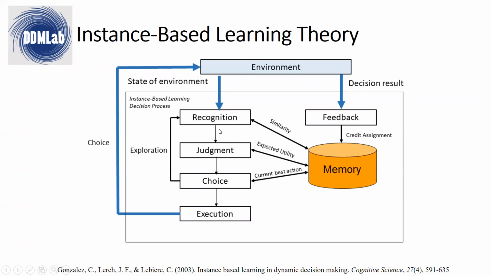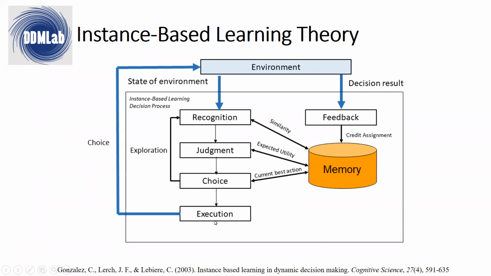Now, this process is sequential, meaning that we evaluate options or alternatives one at a time. And we do this evaluation for all the potential alternatives available in the environment. A selection is made once there is, for example, a time constraint, or once we have to make a choice. And when we have to make a choice, we select the option that has the best expected utility.